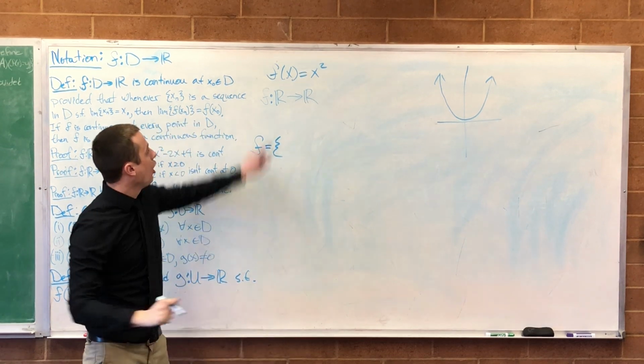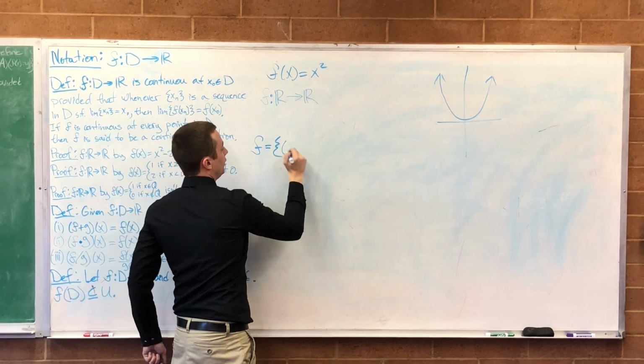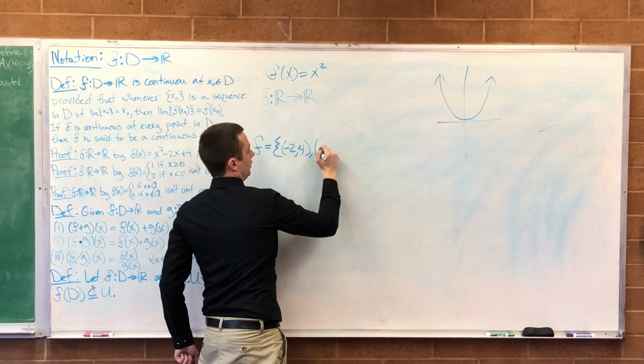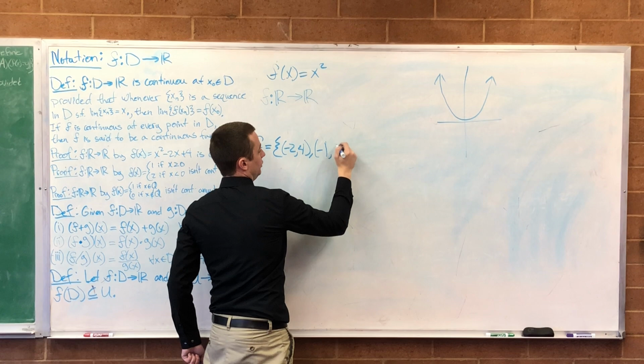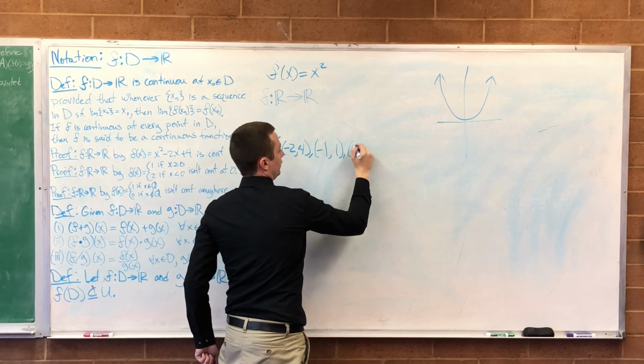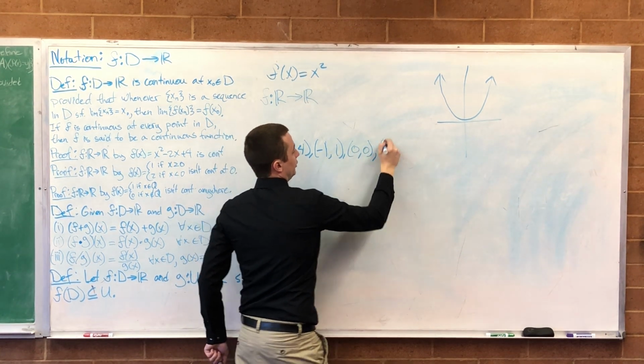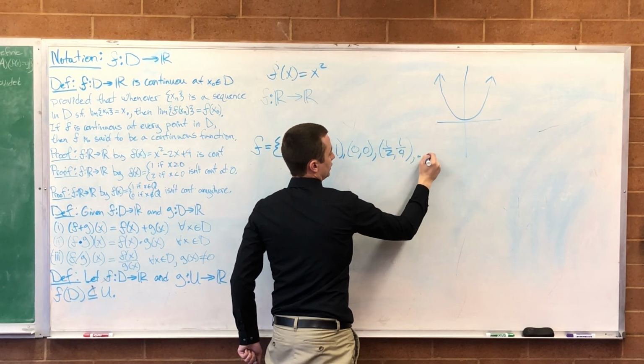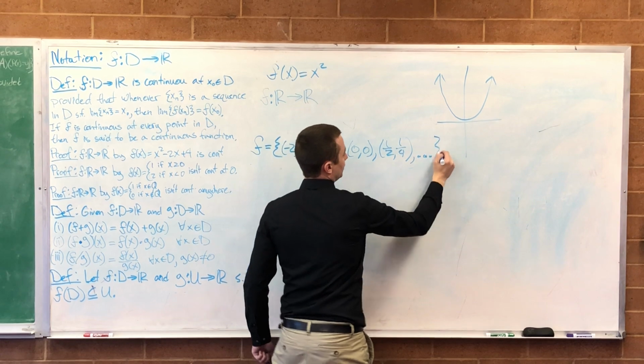If we were to write out all the things in this function, what's everything in there? Well, we have negative 2 goes to 4. We have negative 1 goes to 1. We have 0 goes to 0. We have 1/2 goes to 1/4. We have infinitely many things in there, right? And we can't write them all.